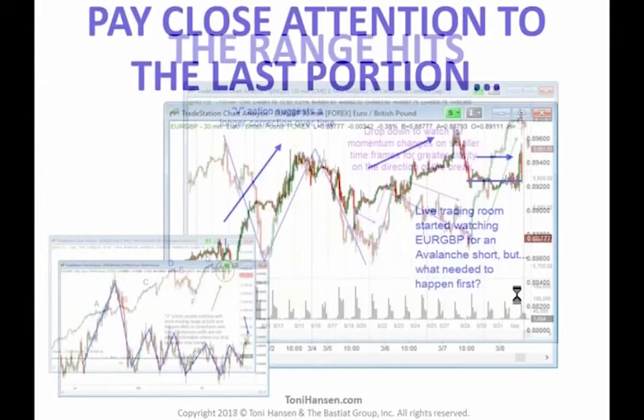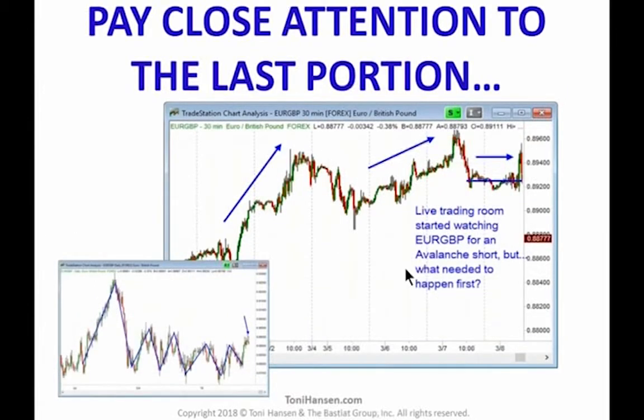And now if we go and apply that to what was happening on the euro pound yesterday, you'll notice that on the larger 30-minute time frame, we had this stronger upside move, slower correction, again, first pivot off of the highs, offered up the best action for the downside, and then it changed momentum.